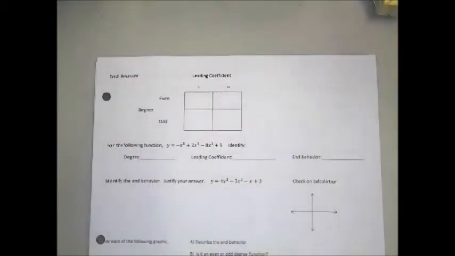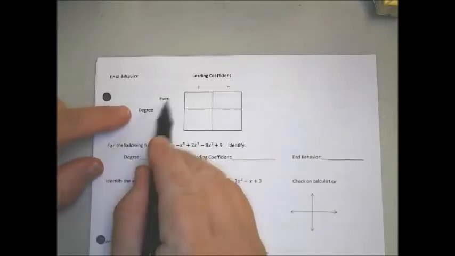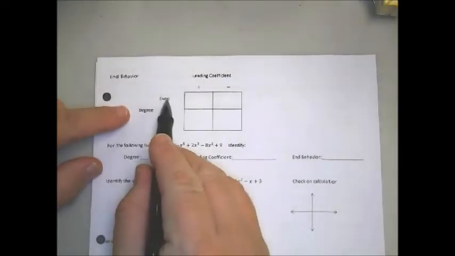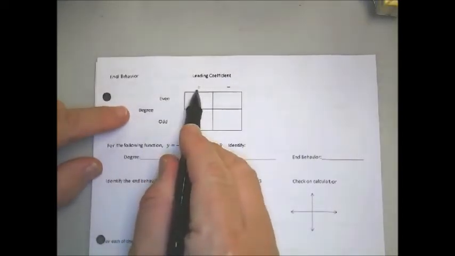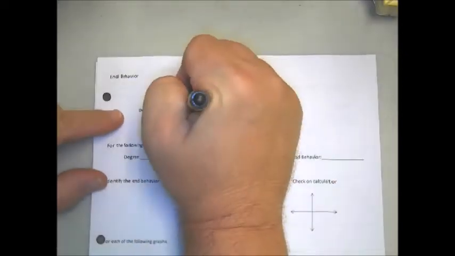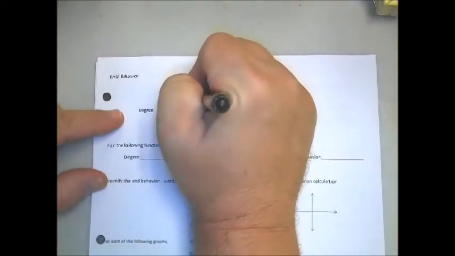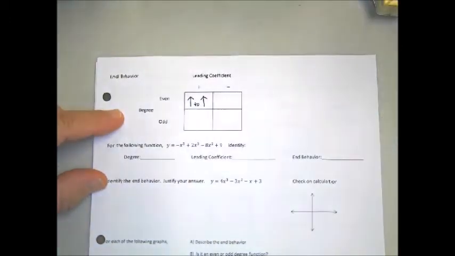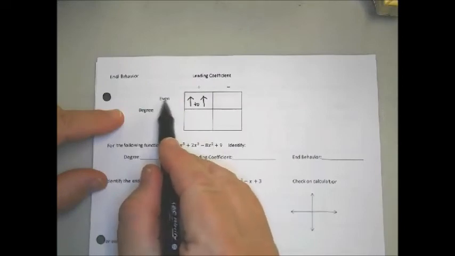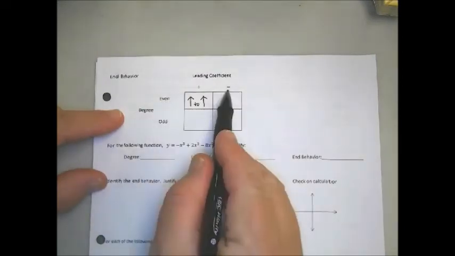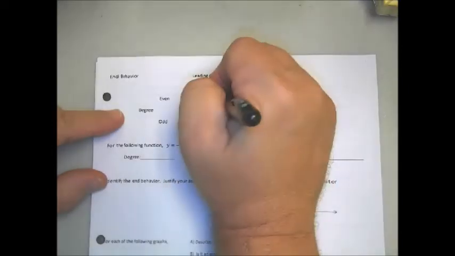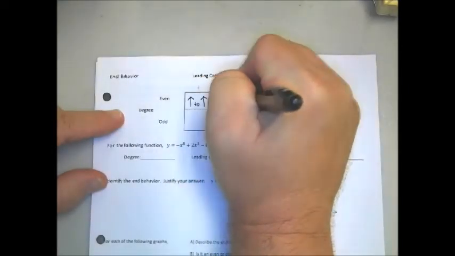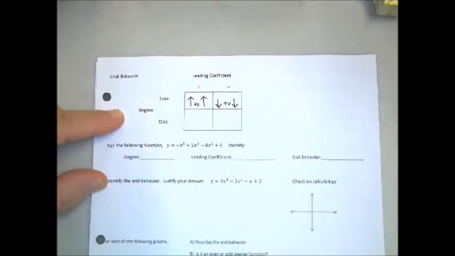The 4 examples that I just did can be summed up in this chart right here. When the highest power is an even power, and the leading coefficient was a positive number, the end behavior of the graph was high to high. When the highest power was even, but it was a negative coefficient, if you go back and look, the graph went from low to low.